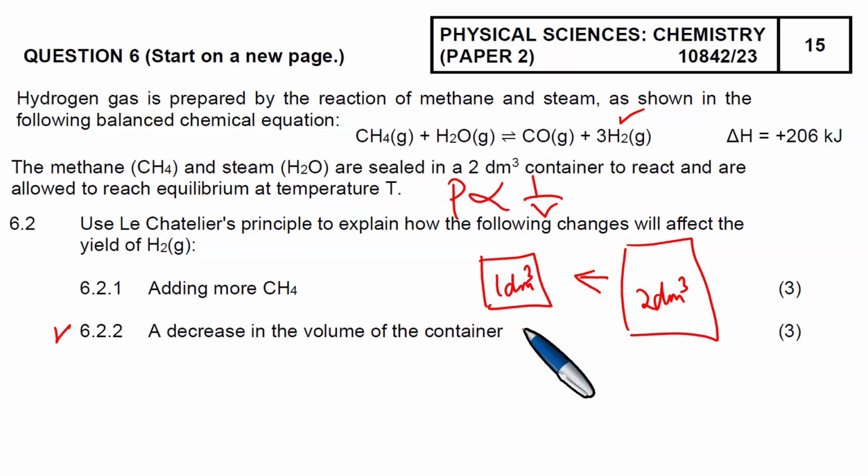Because if you decrease the volume, then you increase the pressure. And therefore you increase the concentration. You need to explain how the following changes will affect the yield of hydrogen. So if you decrease the volume of the container, so you make the container smaller, how will this affect the hydrogen?